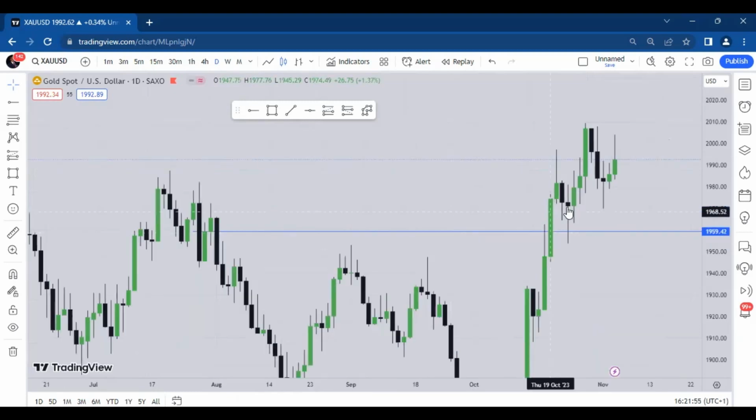So price came there, this was on a Tuesday, I think 2 weeks ago, and we had a daily reject day. So since price is buying from its support, where will be your take profit? It will be a resistance, which is here. So if you bought from here, you can take your profit here. That's why when market got here, it reacted. There was rejection. Then it came down the next day before price went up again. So when you understand storyline, you will know when you will leave the market.